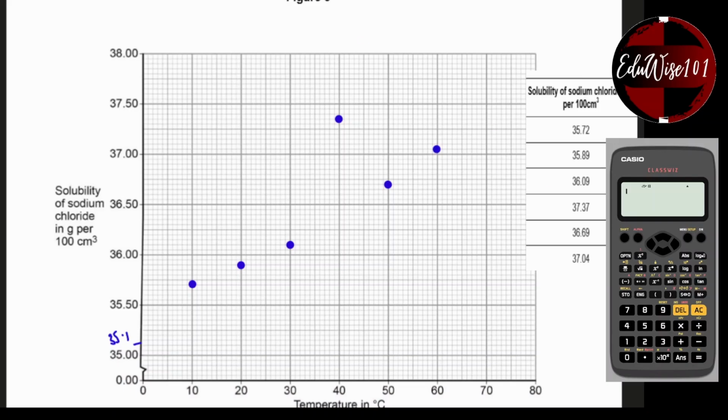Right, so if I was to draw a line of best fit, it should be a straight line going through all those points. Let me see if I can draw that.